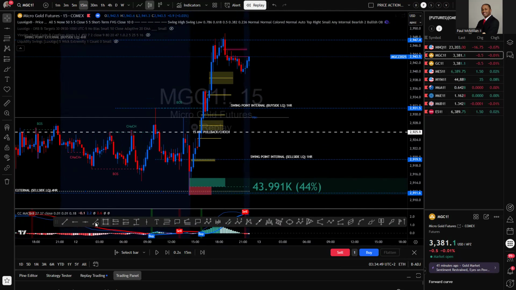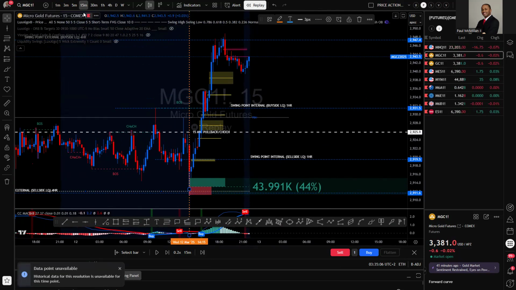So then I'm going to take my vertical line, go to the most recent swing, and look at that down here. Then I'm going to go to the median, and now I get the median, so I go to the bottom.